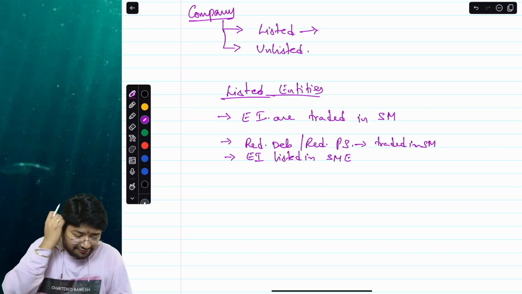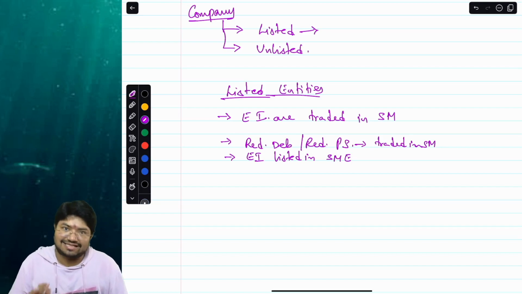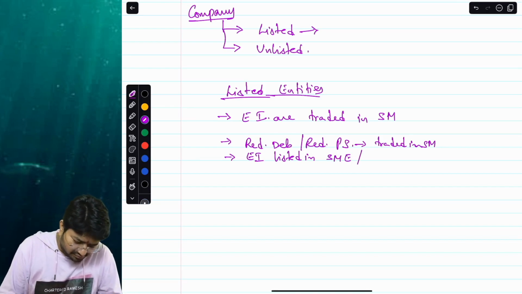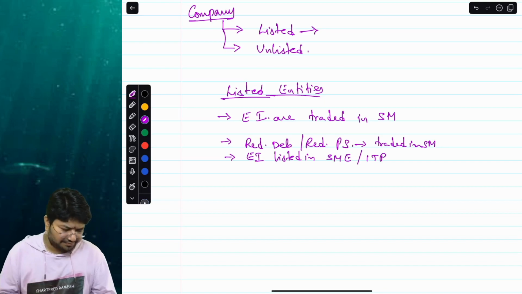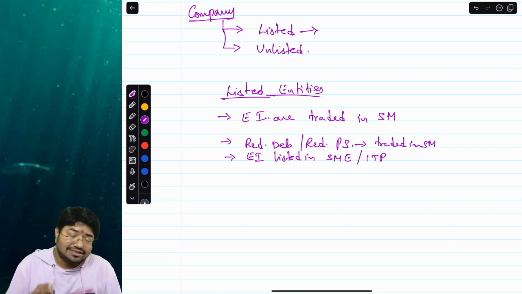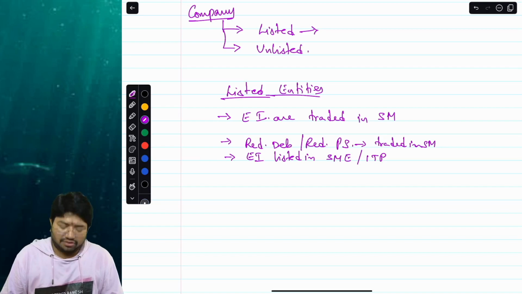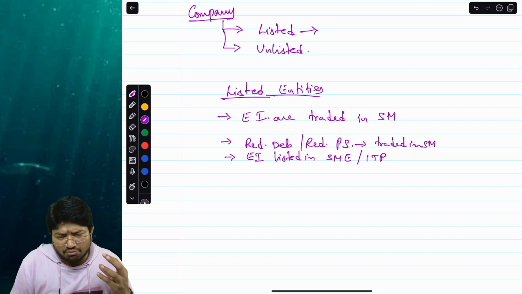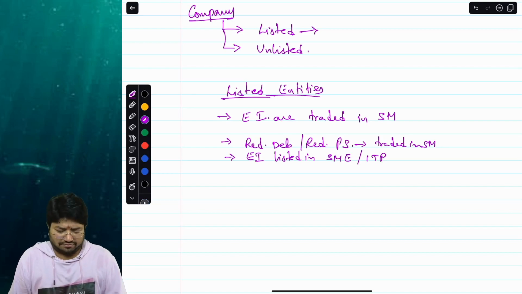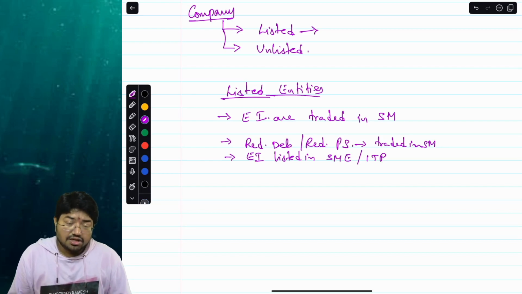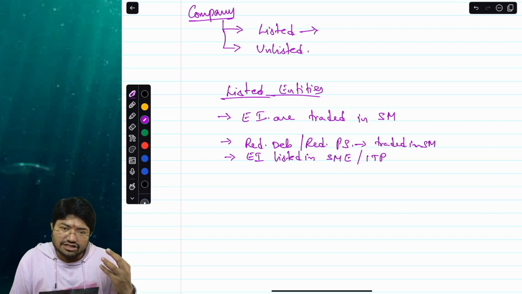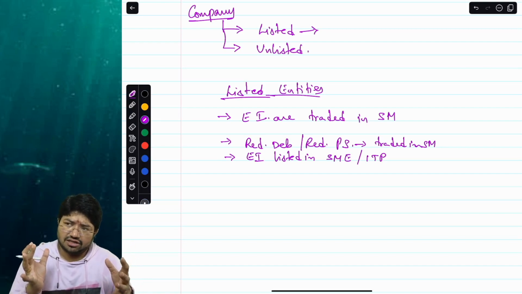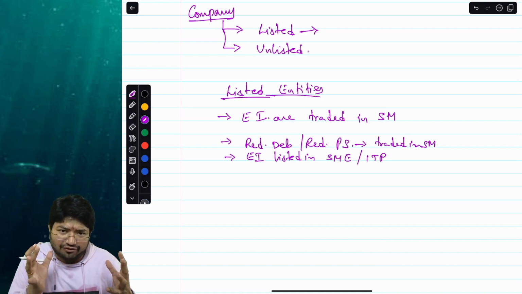Now, if the equity instruments are listed in SME platforms or ITP platforms, institutional trading platforms, that means my investors are mostly institutional investors. To attract institutional investors, there is a platform in which all the institutions come and look for companies to invest in.